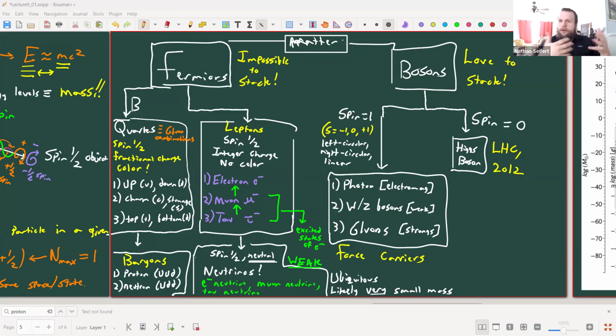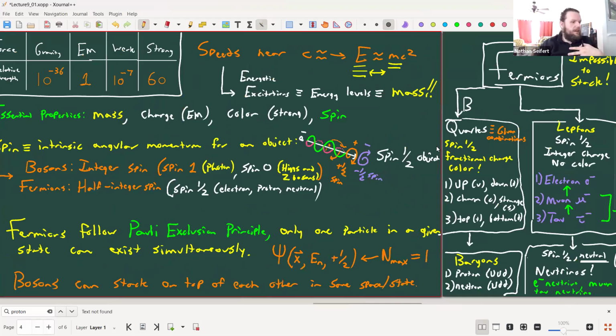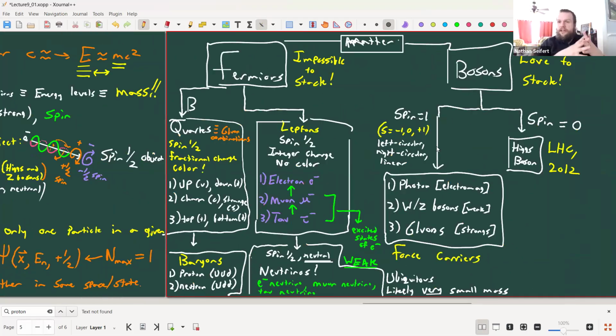Is to think about how do we organize these things, right? And I want to go back to that original idea that Newton had, or that Einstein had, which is that mass and energy are correlated with each other. But another thing that Einstein also realized is that distance and energy are also correlated with each other as well. That you can relate distance or size to an energy scale.